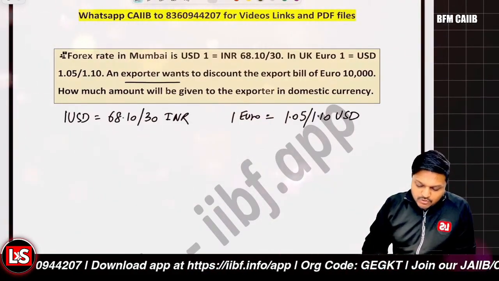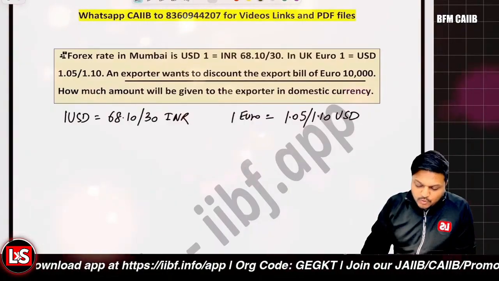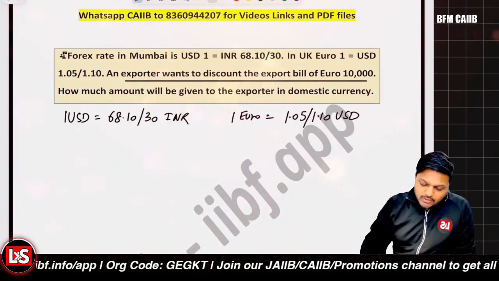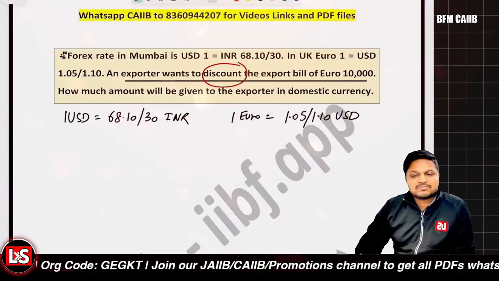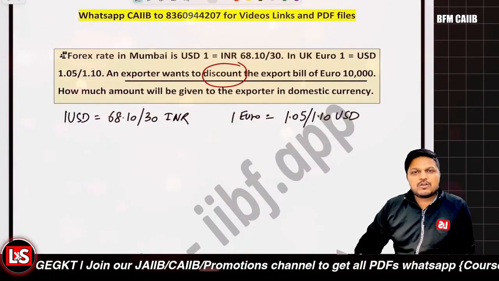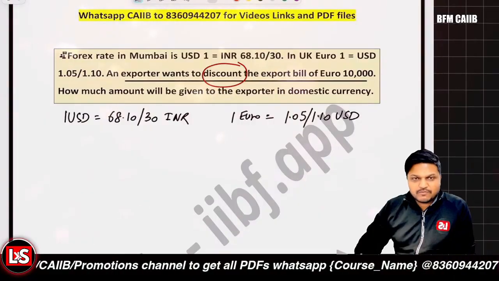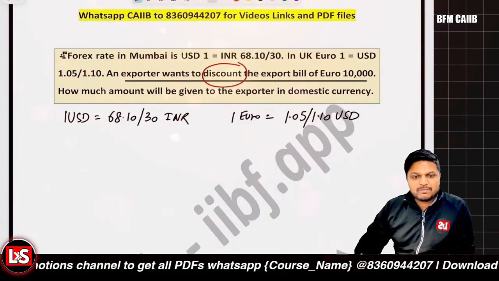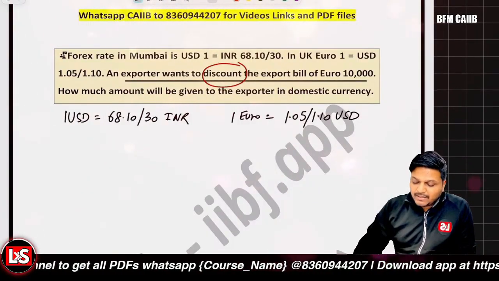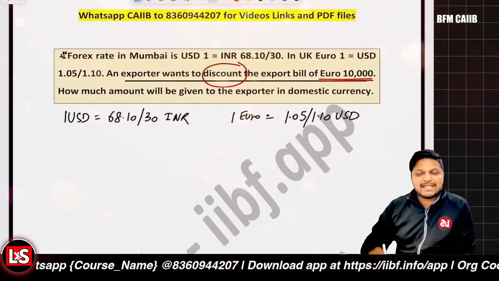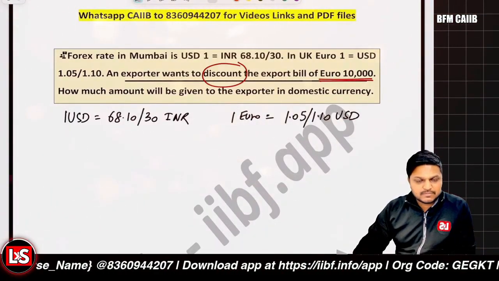An exporter wants to discount the export bill of euro 10,000. Exporter wants to discount. I told you about the discounting or purchasing of the bill. When it is about the discounting or purchasing of the bill from the customer point of view, it means you are owner of this foreign currency and you want to sell this foreign currency, right?